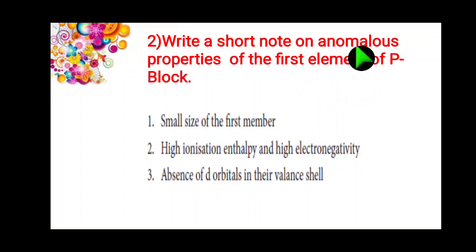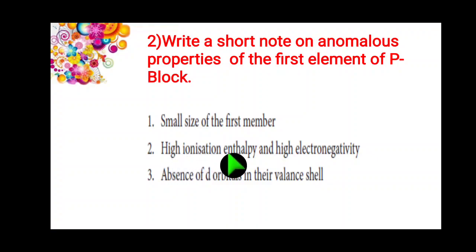Write a short note on anomalous properties of the first element of P block. The first element, what is that? Boron, right? Anomalous properties means different properties. Small size of the first member, so boron size is very small.